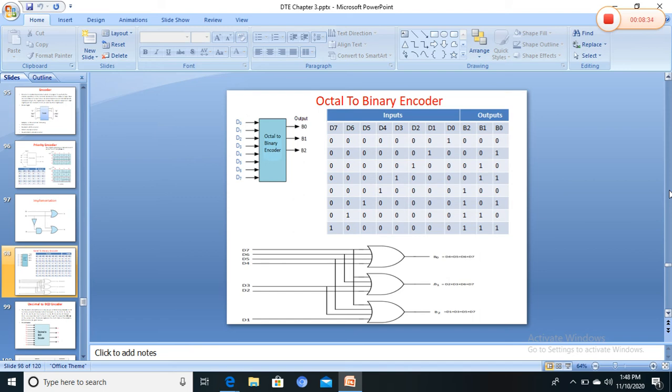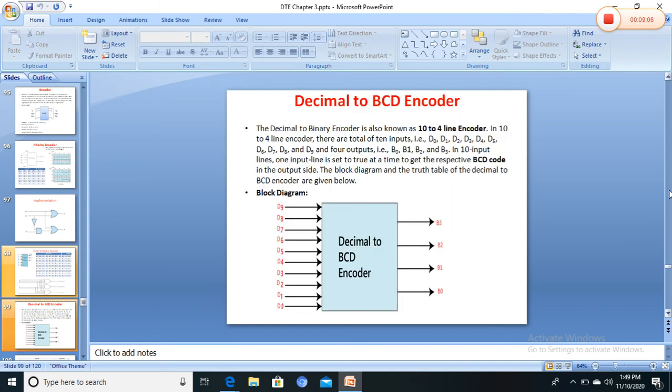For B2, the input lines where the output is 1 are D4, D5, D6 and D7, so the equation is D4 + D5 + D6 + D7. From these equations we design the logic diagram for B0, B1 and B2. This is the octal to binary encoder.